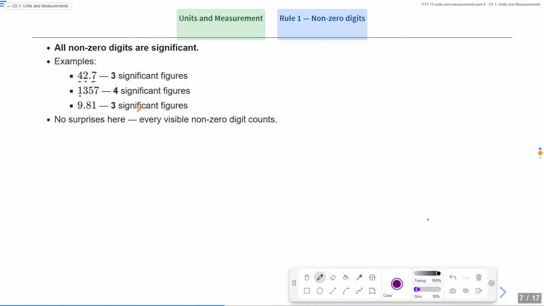So no surprises here. Every visible non-zero digit counts. The interesting cases all involve zeros, which follow their own rules. So this is the rule for non-zero digits. All non-zero digits in any measurement are significant. This is the first rule.